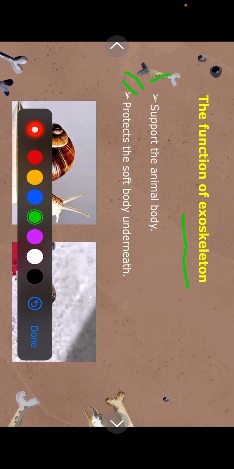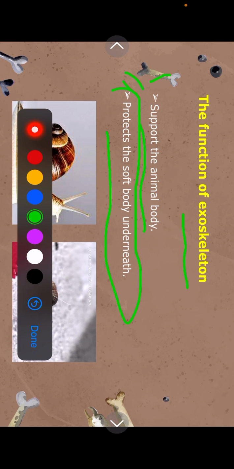So they need something to protect this soft body. So the function of the exoskeleton: number one, support the animal body, and number two, protect the soft body underneath.